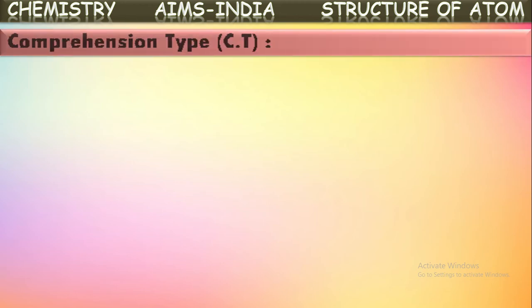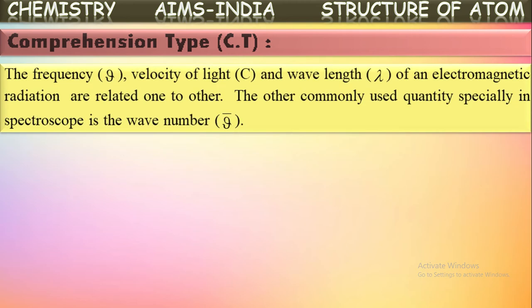Next, comprehension paragraph type question. Let us see the paragraph or comprehension given here. Based on that, they will give some questions. See the first statement given here: the frequency nu, velocity of light c, and the wavelength lambda of an electromagnetic radiation are related one to another.